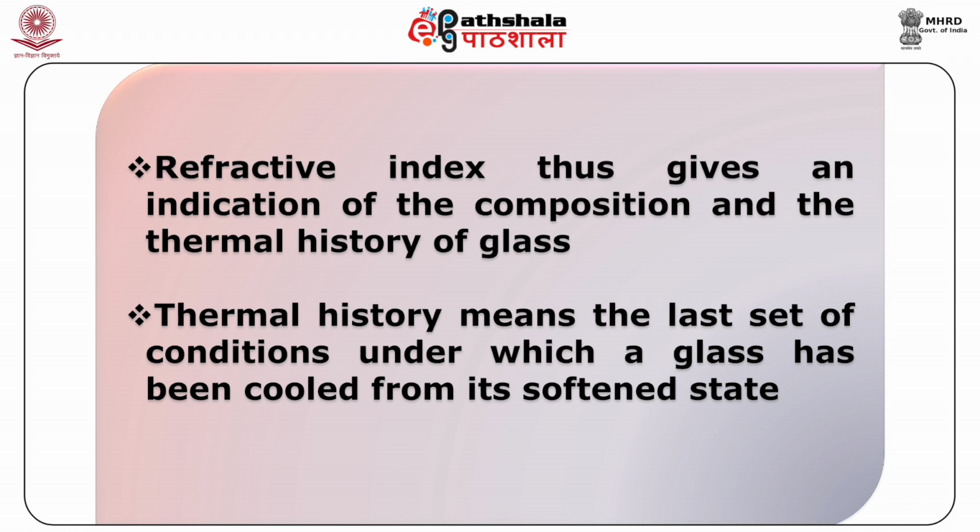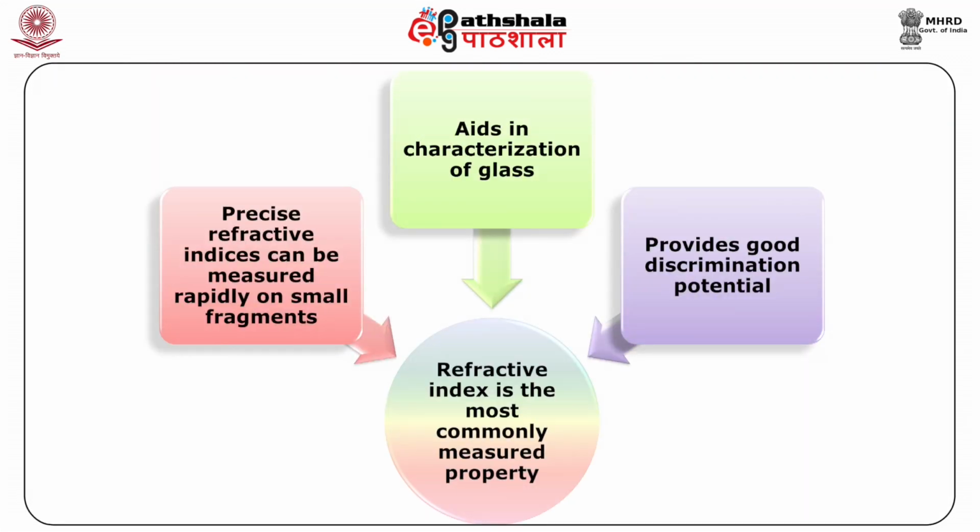By thermal history, we mean the last set of conditions under which a glass has been cooled from its softened state. Refractive index is the most commonly measured property, as precise refractive indices can be measured rapidly on the small fragments found in casework. It aids in the characterization of glass and provides good discrimination potential.